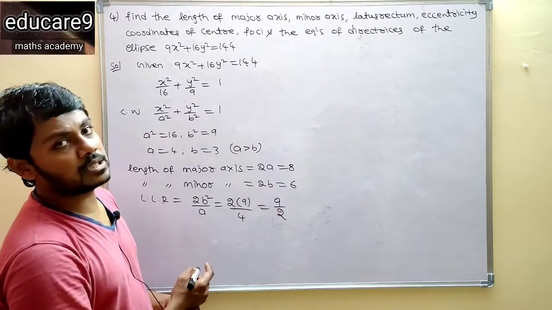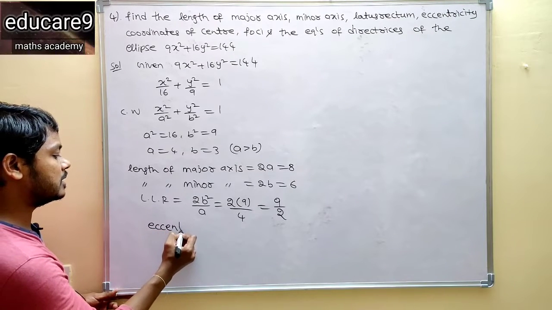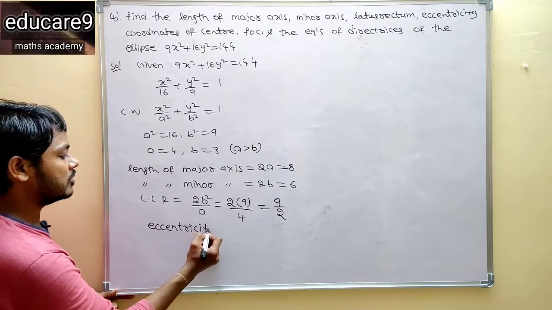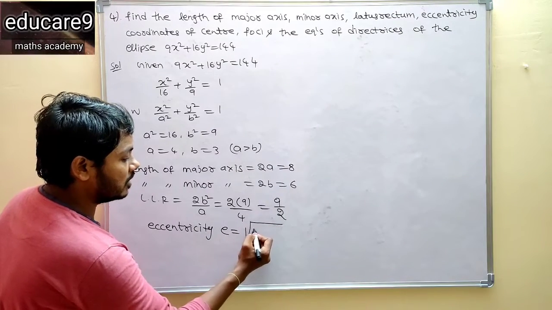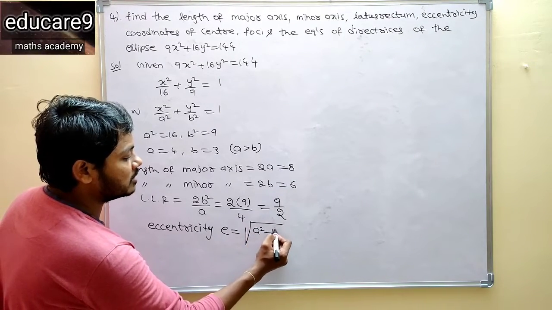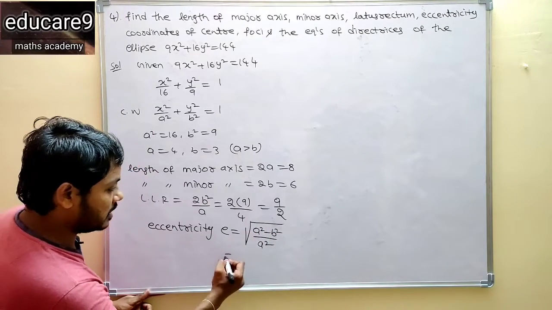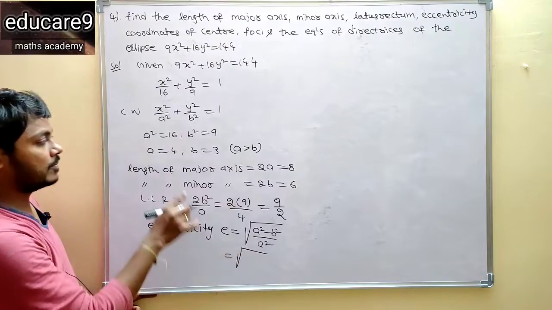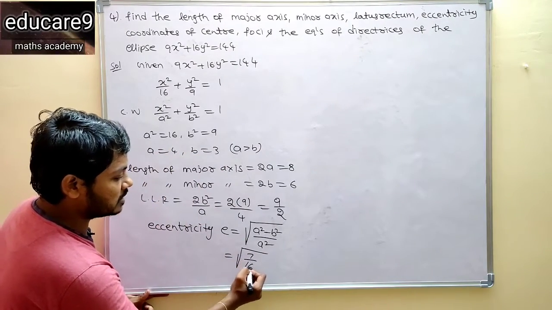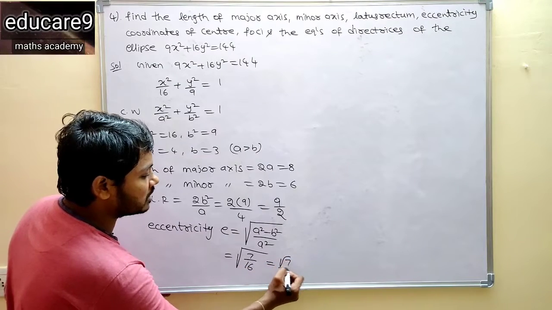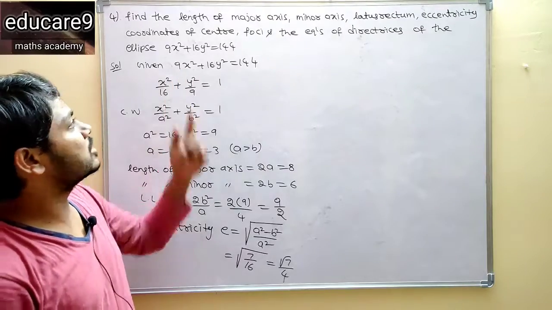And also eccentricity of the ellipse. What is the eccentricity? e is equal to square root of a square minus b square by a square. So that is square root of 16 minus 9, 7 by 16. You will get root 7 by 4 is the eccentricity of the ellipse. Next, center.